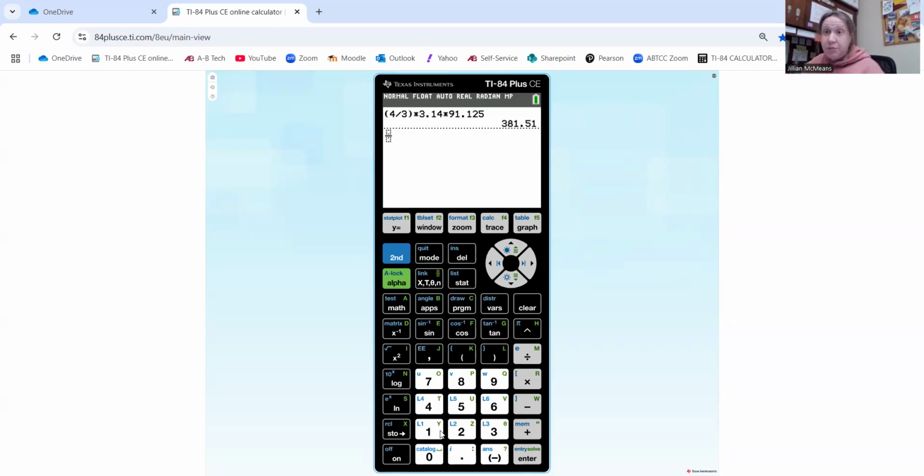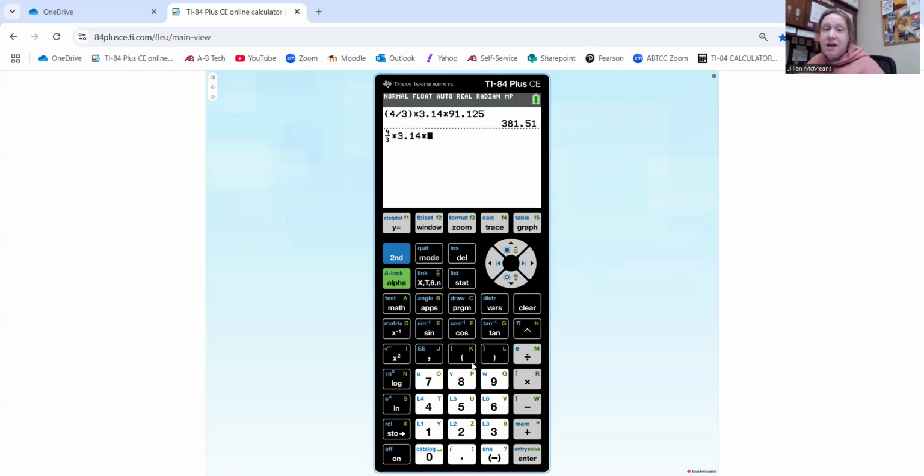It inputs a fraction into your calculator, and then you fill in the numerator, which is 4, and the denominator, which is 3. Then use your right arrow to move out to the front of the 4/3, and type in times 3.14.